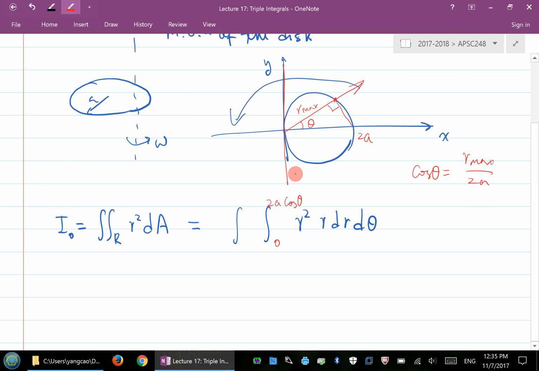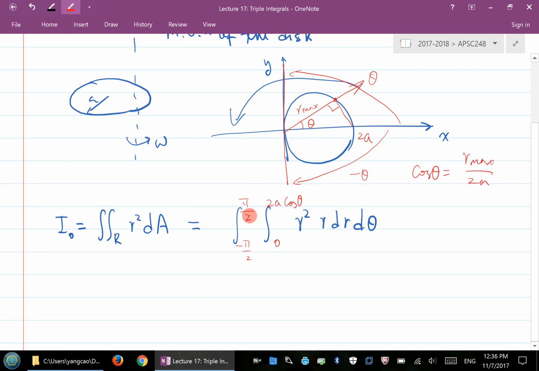This is where I mentioned the conventions have to be consistent in terms of the value for theta. If I go from the lower bound this way, say this is a negative theta, and then you go over here, this is a positive theta. That's one consistent way, so you have negative pi over 2 to pi over 2.